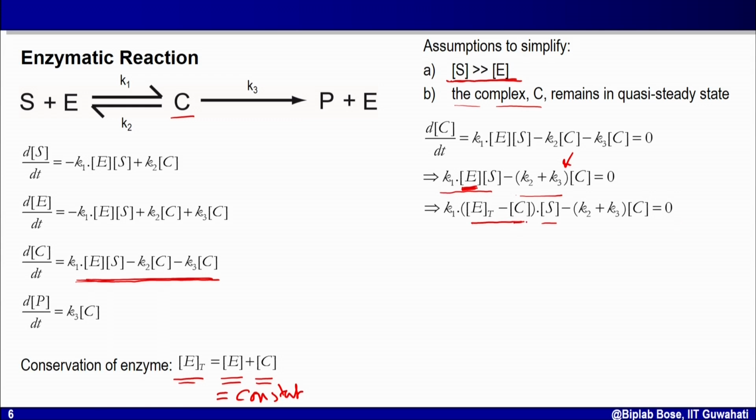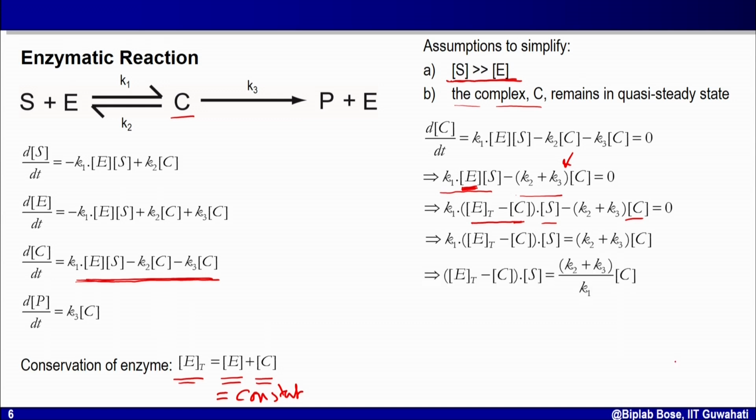I will take out that C and club it with this C. So I take (K2 plus K3) into C to the other side. Then I can rewrite this whole thing, taking the K1 to the other side, so I get (K2 plus K3) divided by K1. This whole thing is a constant. These are all a combination of three constants.